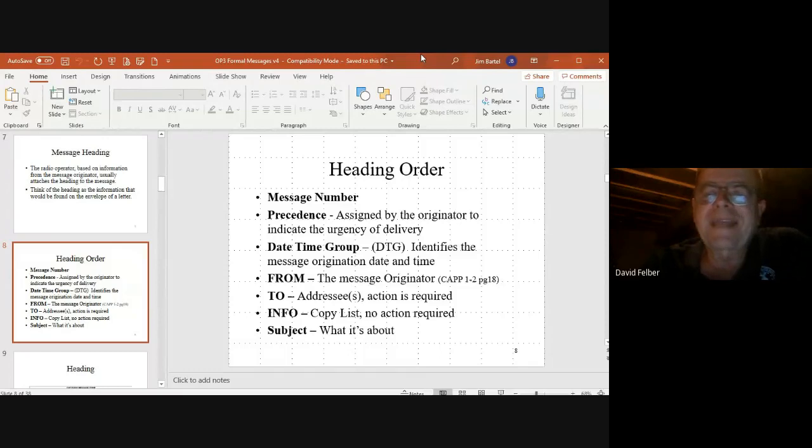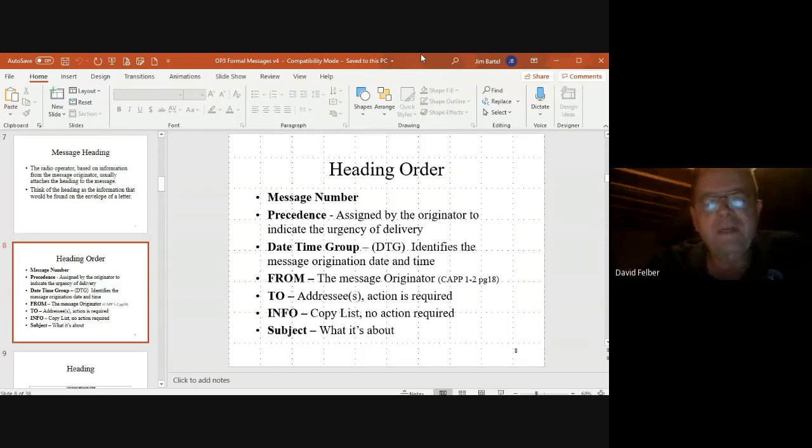Then it will be followed by a date time group. Identifies the message origination, date, and time. The from line is from the originator. And the CAP pamphlet 1-2, page 18, I believe refers to office symbols. Yep.